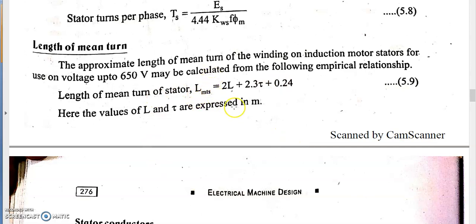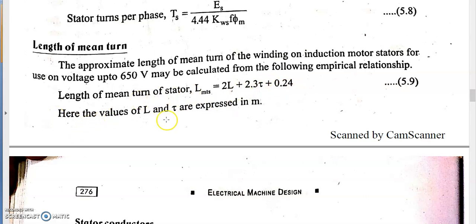Each turn will have two conductors. The conductor length will be equal to the length of the machine, the main dimension length. So it is 2 times L, because each turn has 2 conductor sides. So that is 2L, and then this empirical relationship we are using: 2.3 tau and 0.24 will be used here.